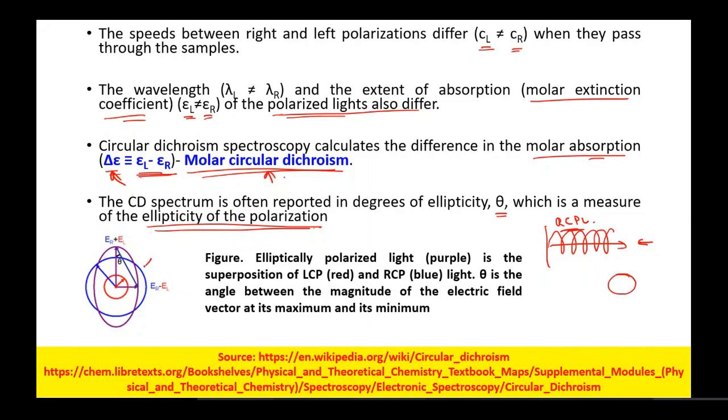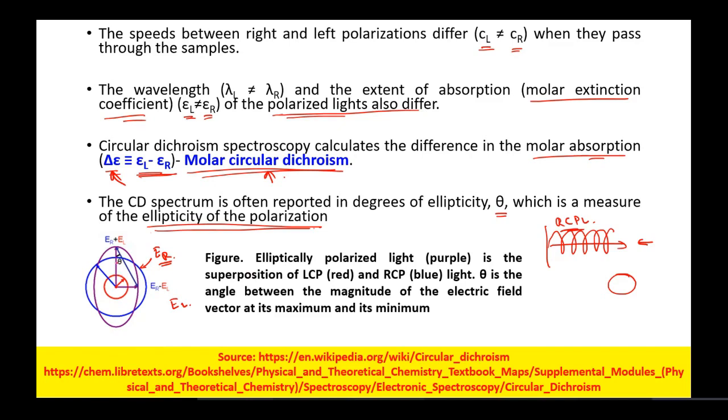So here, the blue one is ER, the electric field of the right circularly polarized light, and the red one is for EL, the electric field of the left circularly polarized light.